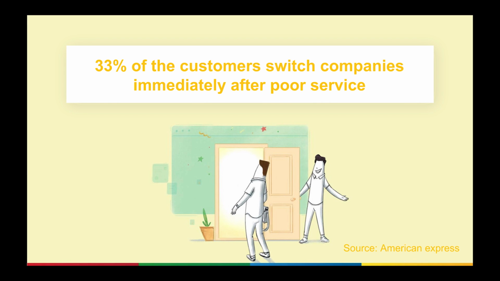According to a study conducted by American Express, 33% of customers considered switching companies immediately after a poor service. 60% would consider switching after 2-3 instances of poor user experience. Let's face it, when the applications work in silos, this is what happens.